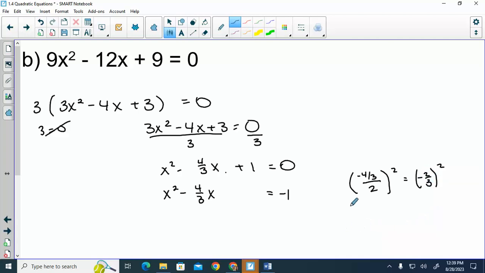Alright, if I square that, -2 squared, +4, 3 squared is 9. If you add it to one side, you also have to add it to the other.